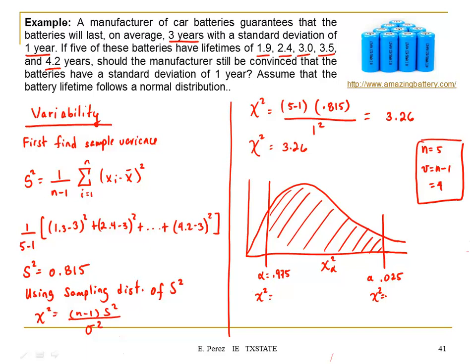So if you use your table, we know how many degrees of freedom we have, and we know the probability for one bound and the probability for the other bound. So for 4 degrees of freedom and alpha equals 0.975, table.